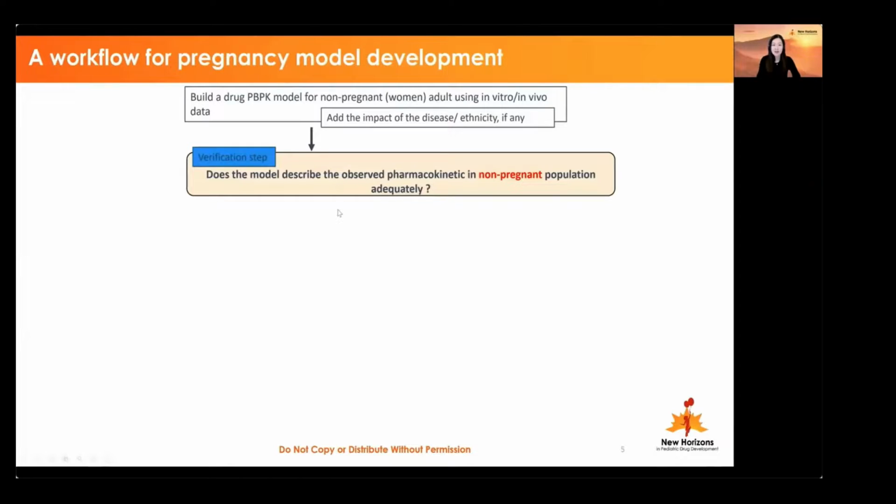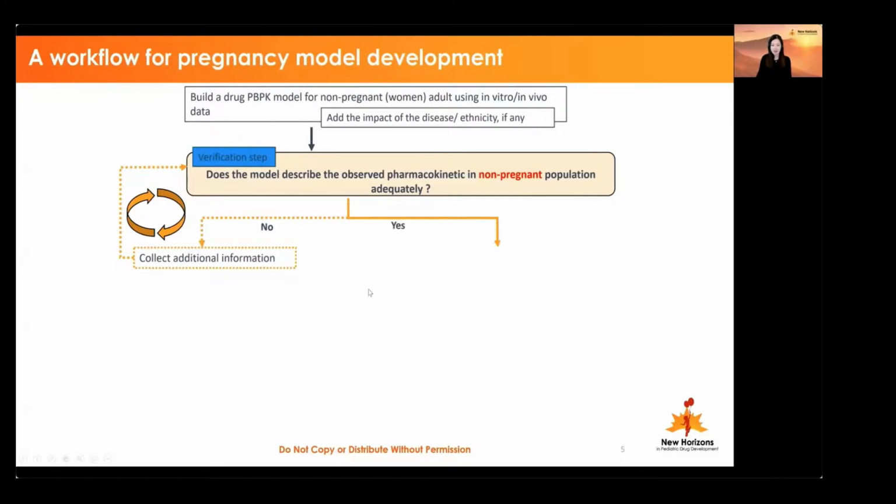And then for verification, we need to ask the question, does the model describe the observed PK data in a non-pregnant population adequately? And if the answer is no, this usually implies additional drug-specific parameters need to be refined or collected, and further verification steps will be performed, which is usually an iterative process.